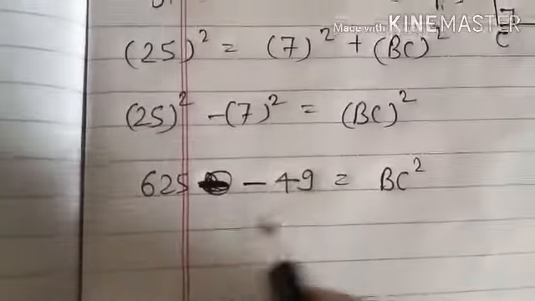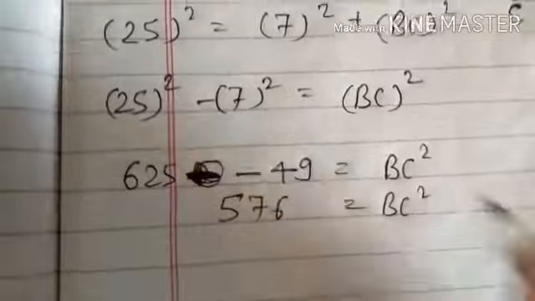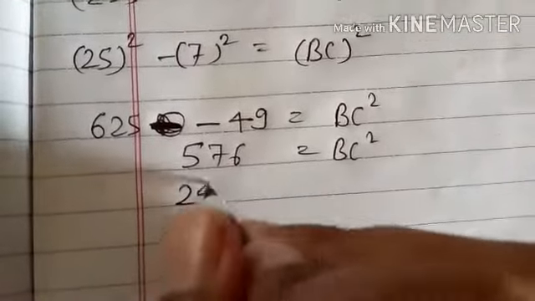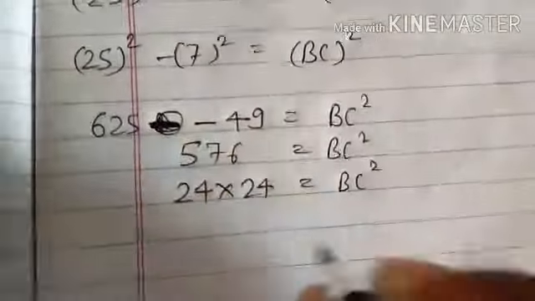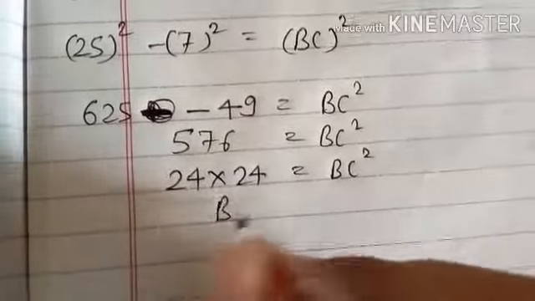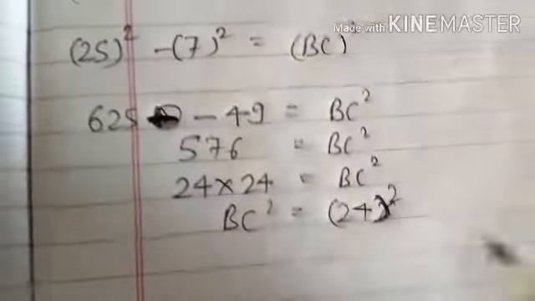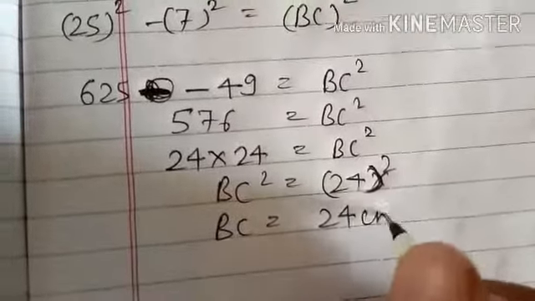Then if you subtract it, we will get 576, which is equal to BC square. And 576 can be written as 24 into 24, so BC square is equal to 24 square. Comparing these two, BC is equal to 24 centimeter.